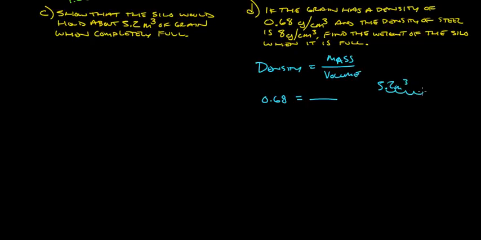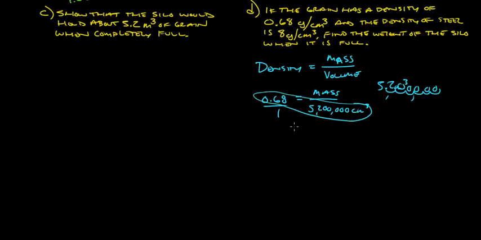So it's really 5,200,000 centimeters cubed, and then that's going to give us our mass. So we got to multiply this by this, and that's going to give us our number of grams for our mass, right?